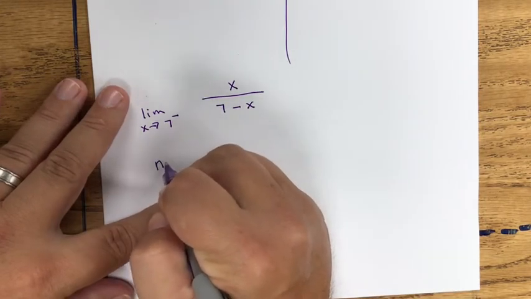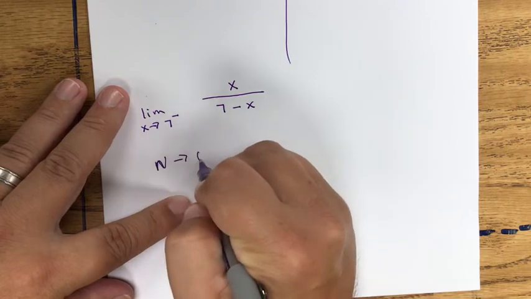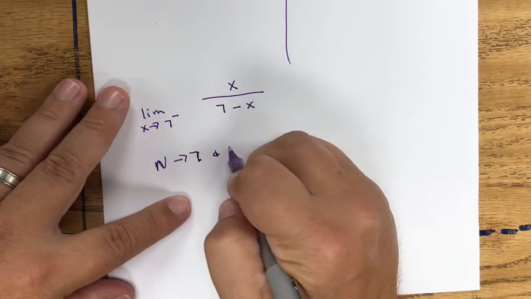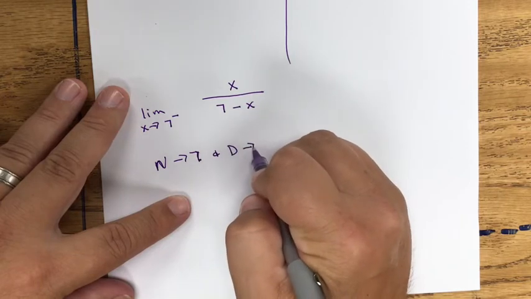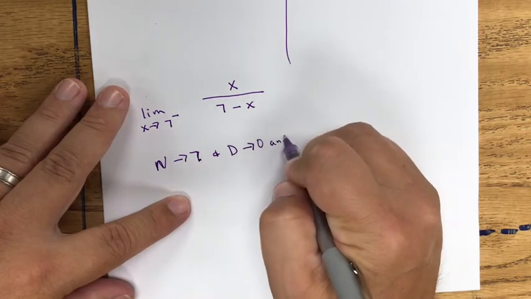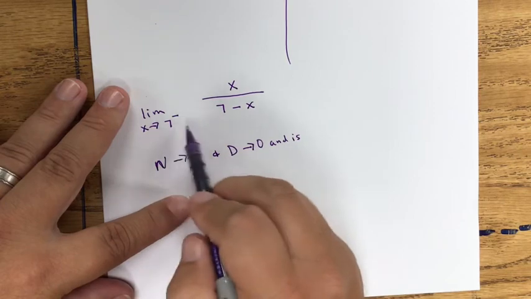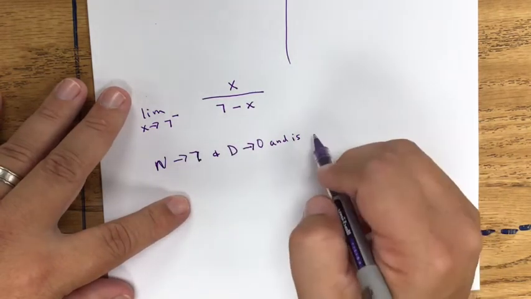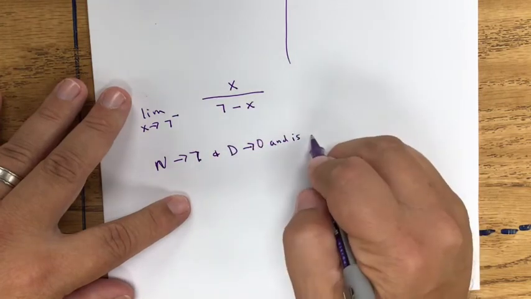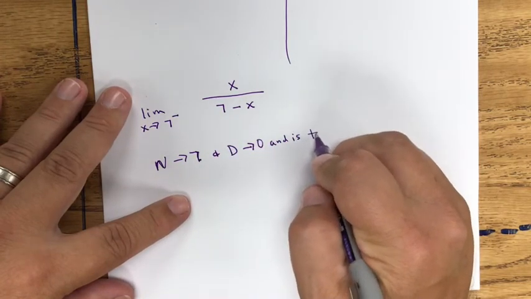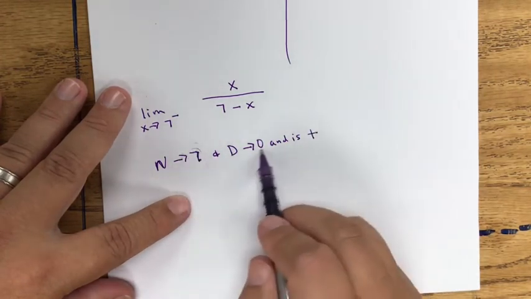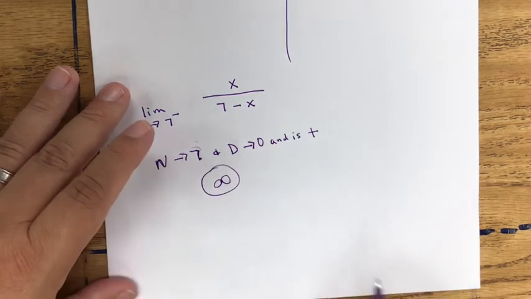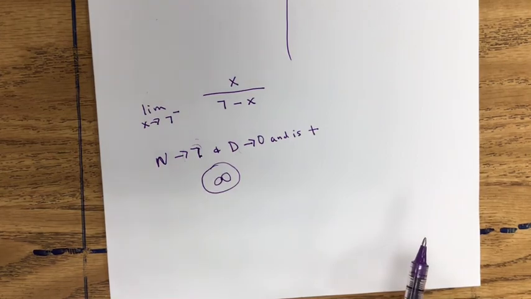The numerator is going to 7. And the denominator is going to 0, and if I put in numbers to the left, like 6.5, 6.9, 6.99, then 7 minus those numbers gives a positive. So we're taking a positive divided by a number very close to 0 that is positive, so that would be going to infinity. All right, so I just wanted to show you a couple more.